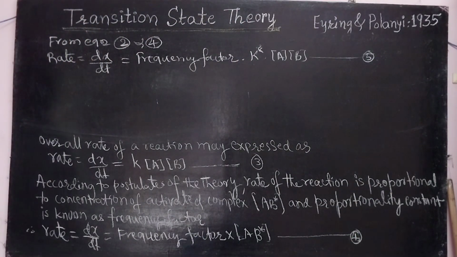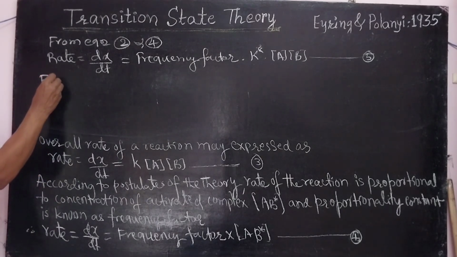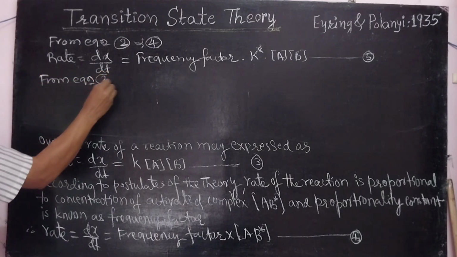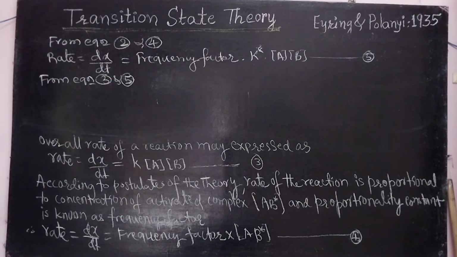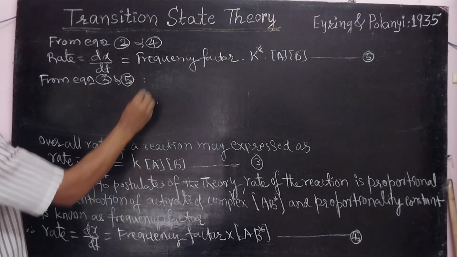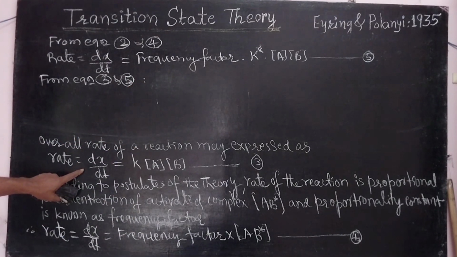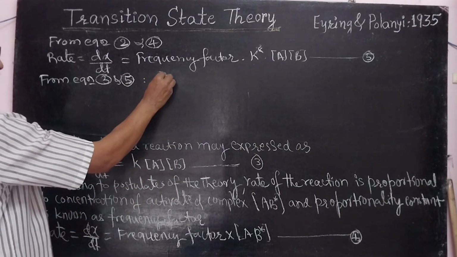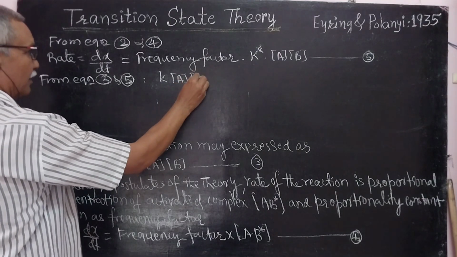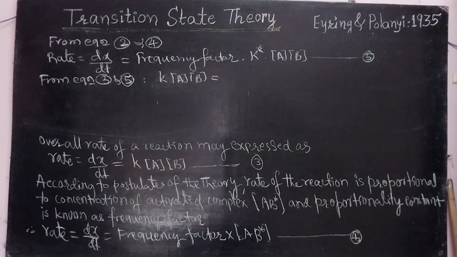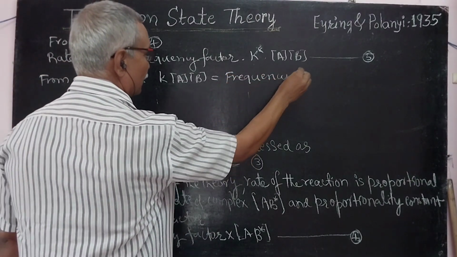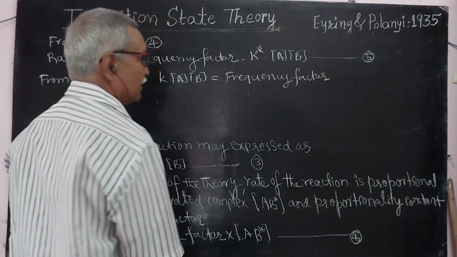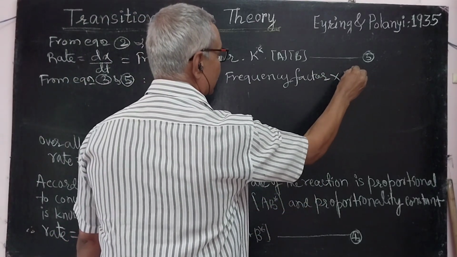From equations 3 and 5, k into concentration of A into concentration of B equal to frequency factor into K star.